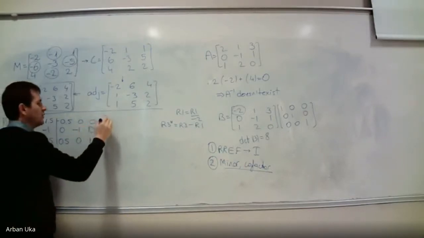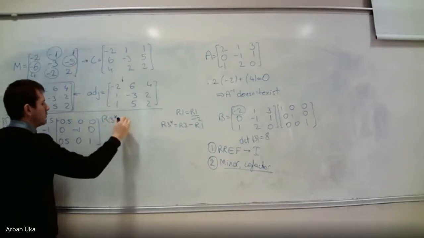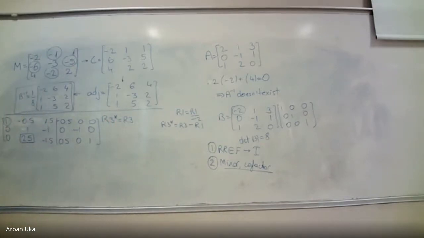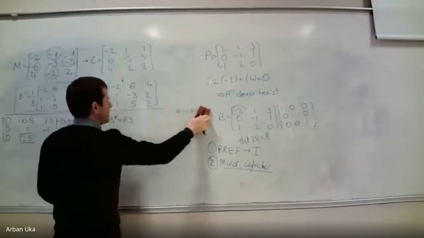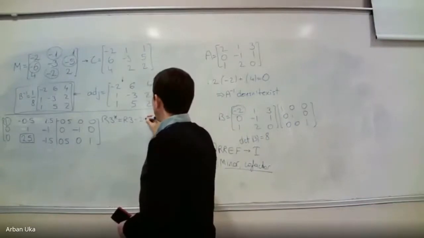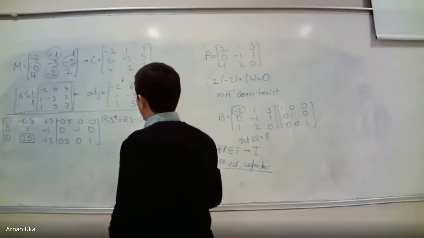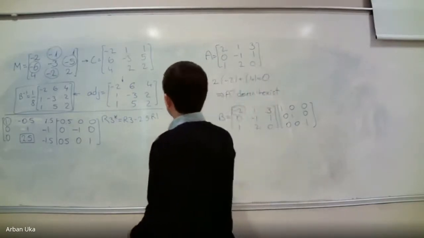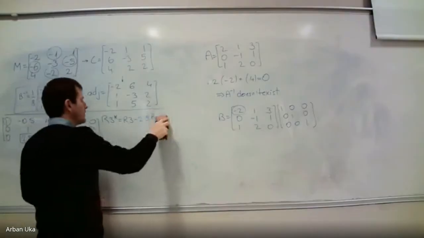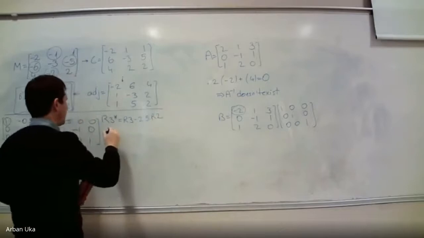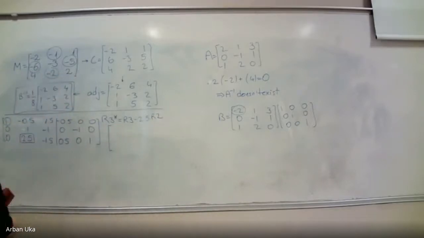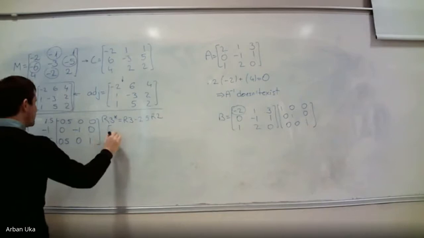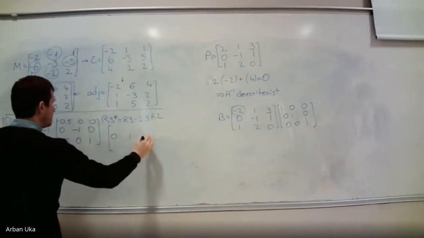So how can we do it? We can say that row 3 star would be equal to row 3 minus 2.5 row 2. Not row 1, row 2, that's true. And here this will not change, 0, 1, minus 1.